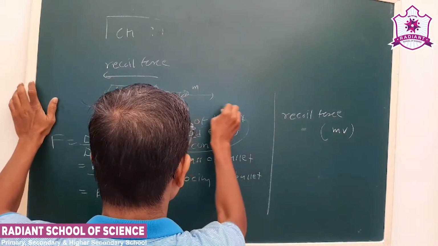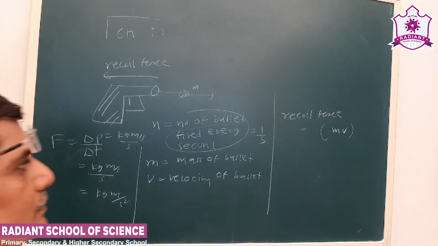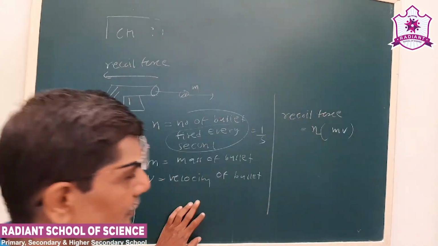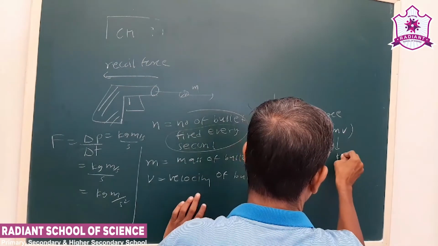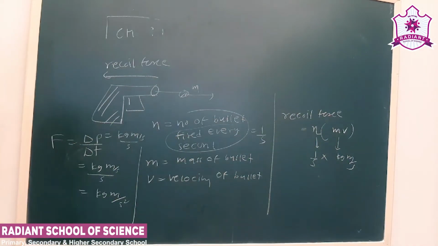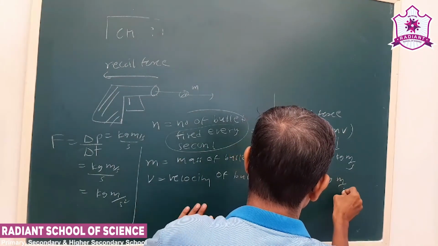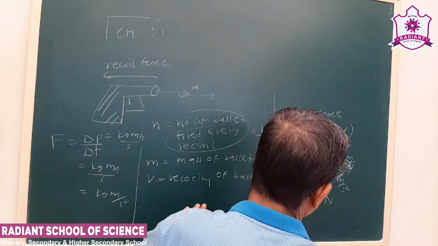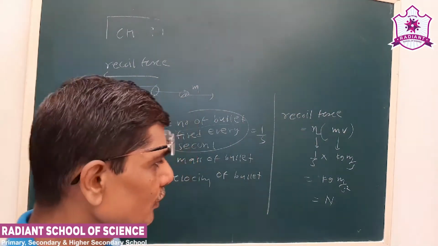So what is the unit of n? That will be 1 upon second. So if I multiply this by n, this is kg meter per second, and the unit of n is 1 upon second. So what does this become? Kg meter per second square. So that is the unit of the force.